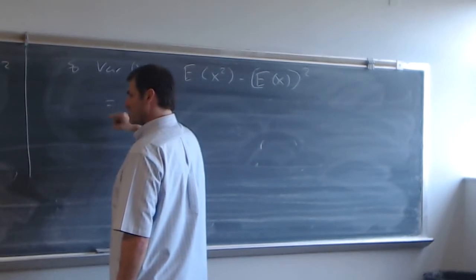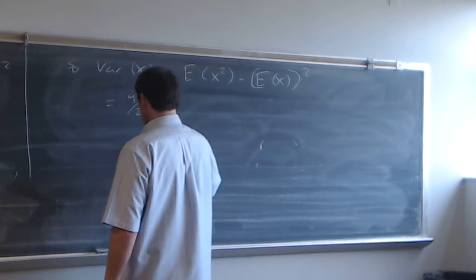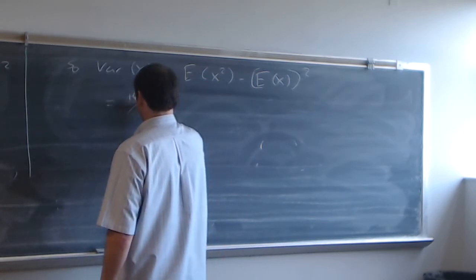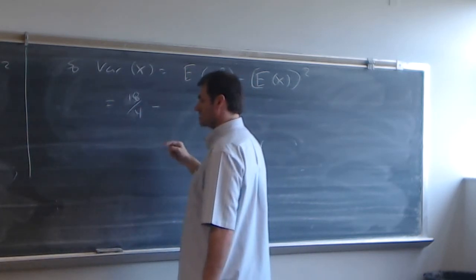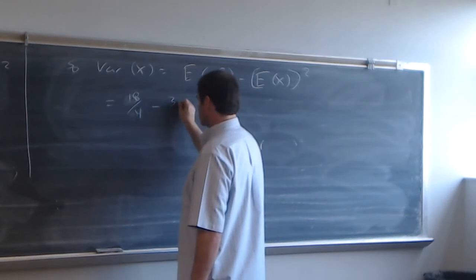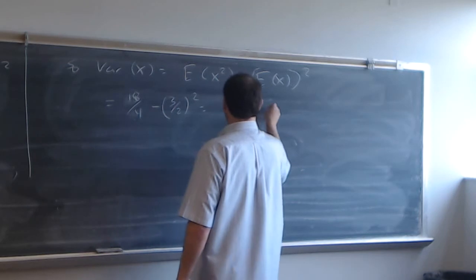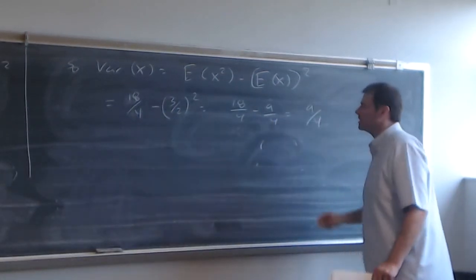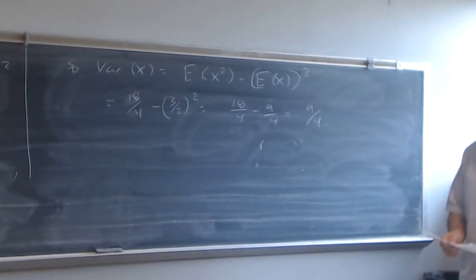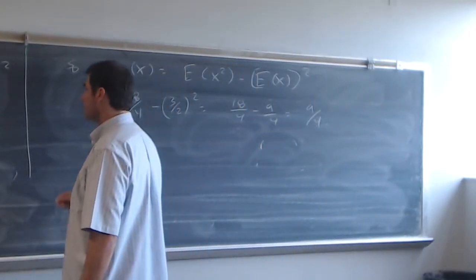The expected value of X squared is really 9/2, so let's make it 18/4, minus the expected value of X, which was 6/4, which is 3/2, squared. So this ends up being 18/4 minus 9/4, and that ends up being 9/4. So that's what we ended up getting for the variance here. All right, so that's an example of computing the variance.